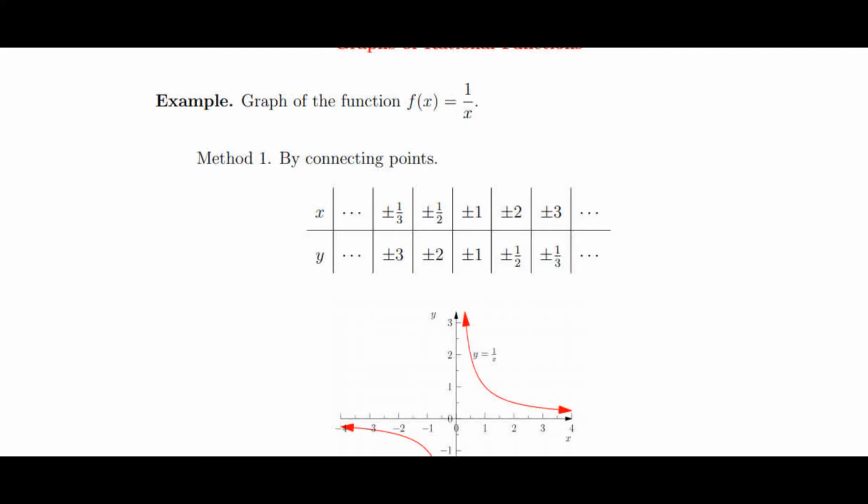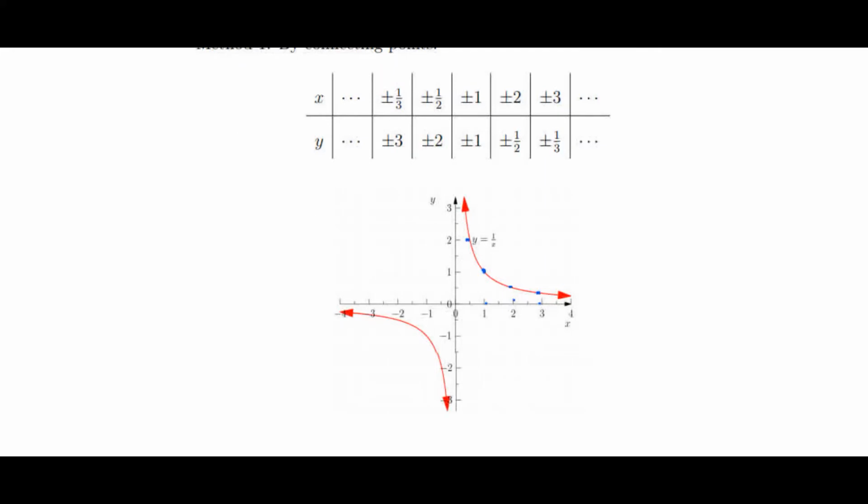Okay, we pick x equals 1, y equals 1; x equals 2, y equals half; x equals 3, y equals 1 over 3, right? x equals half, y equals 2. We just pick some points. And x can also be negative: x equals negative 1, y equals negative 1; x equals negative 2, y equals negative half. Then we connect those points and we get the first graph. So this is the traditional way.